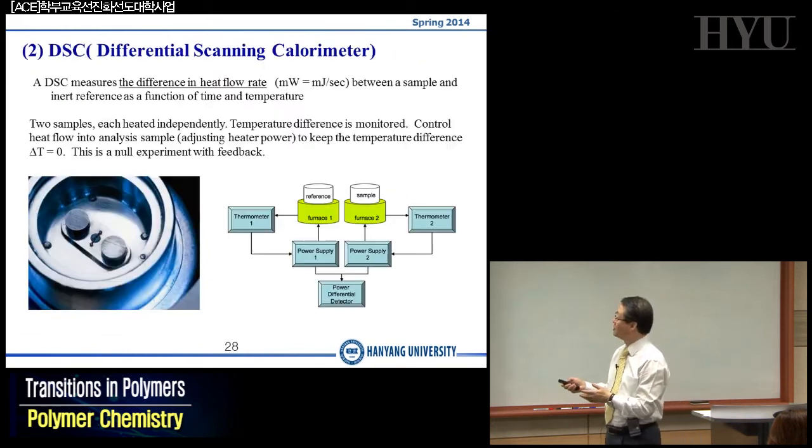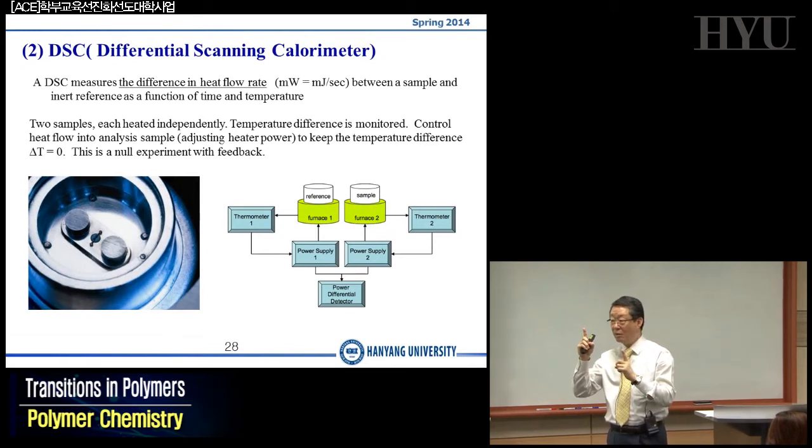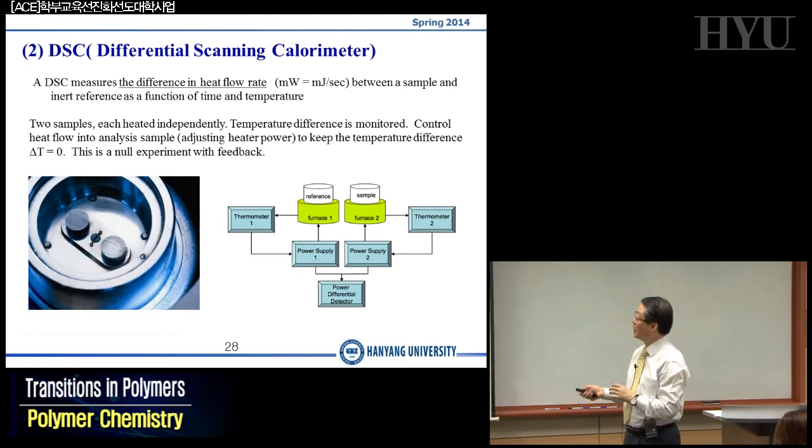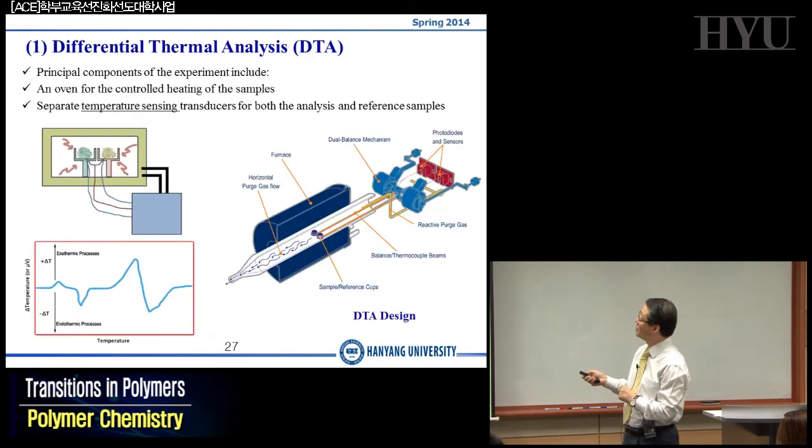In other words, DTA just detects a temperature difference between the sample pan and the reference pan, but DSC supplies the heat, so that DSC measures the difference in the heat flow rate rather than the temperature itself. That's why we call this a scanning calorimeter, whereas DTA is a thermal analysis, differential thermal analysis.